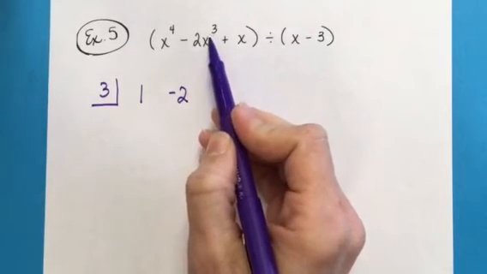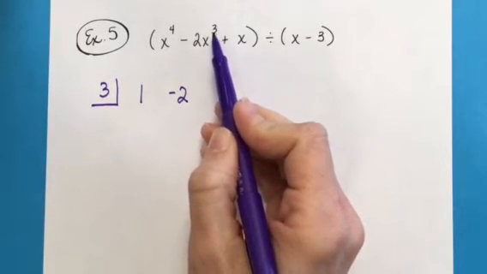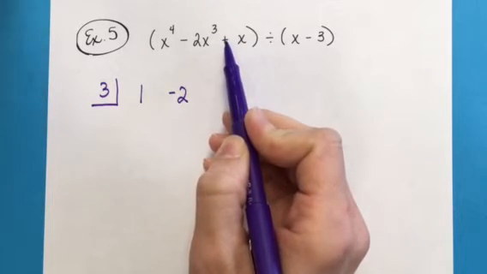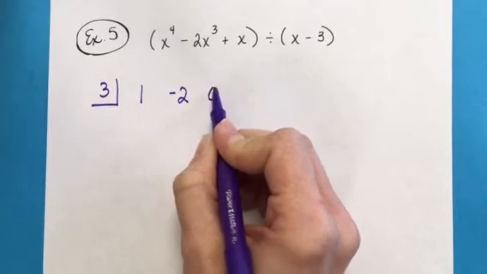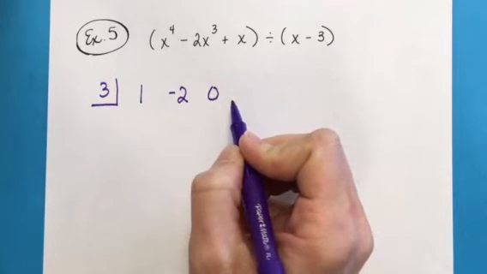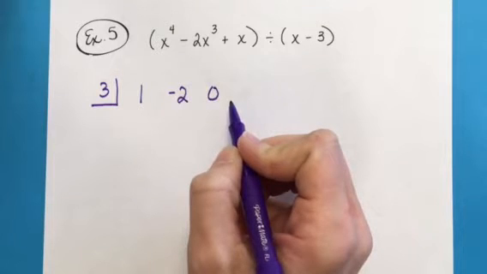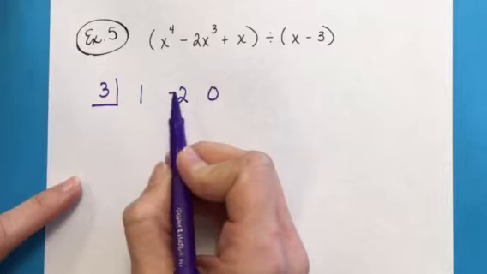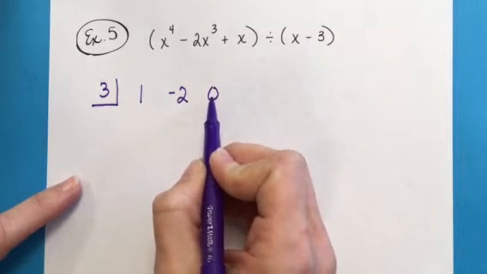Now, what I'm supposed to have after x to the third power is an x to the second power, and since I don't have x to the second power, I have to fill in with a 0. So you have to fill in with zeros here just like you had to do when I explained that with long division. So this is my fourth power, third power, second power.